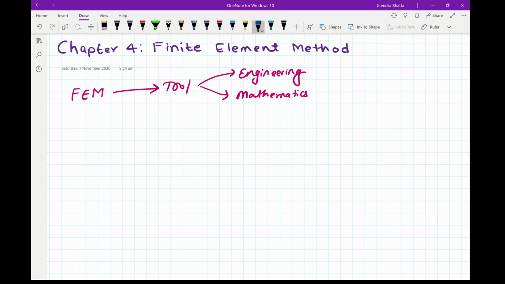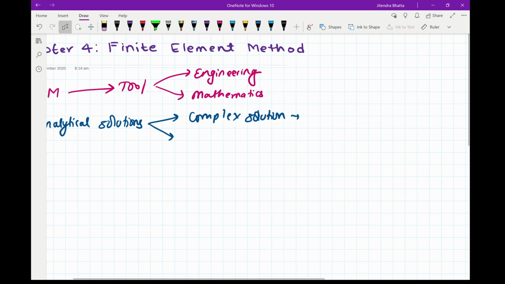While solving these problems, when you are looking at the analytical solutions for complex problems, which include complex geometry or complex loading and different material properties, they generally involve a complex solution in the form of probably partial differential equations.